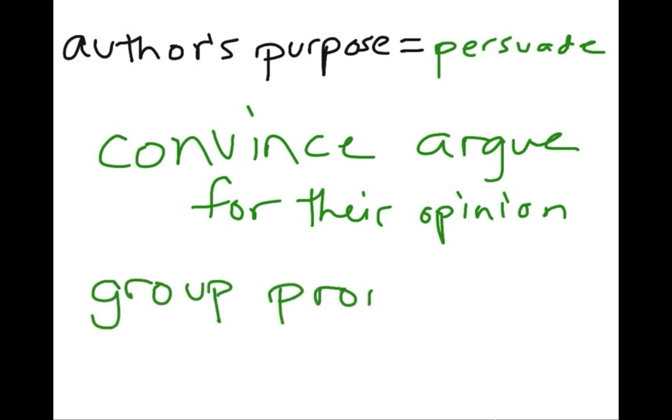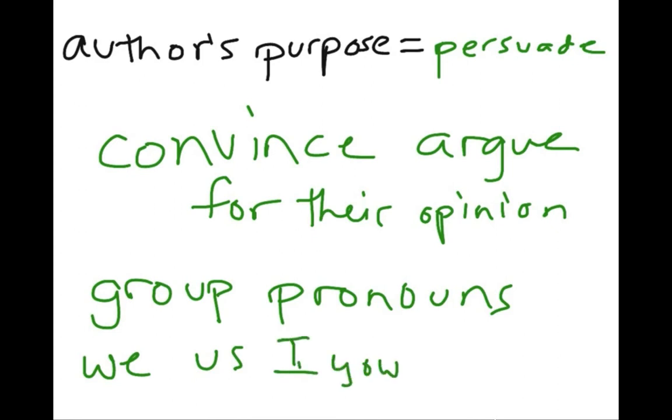So words like we, us, and also it often will have personal pronouns. So if the author's using I or you, those are also words that they might use. They might argue from their own perspective with their own experiences.